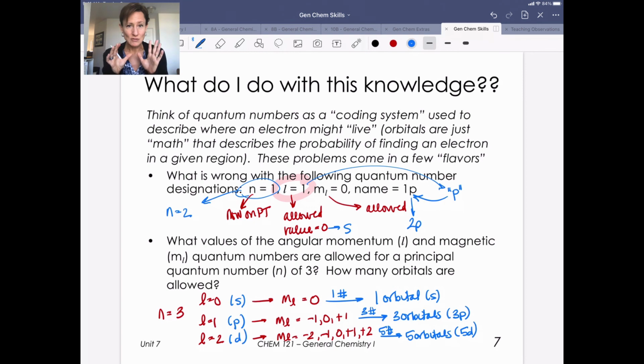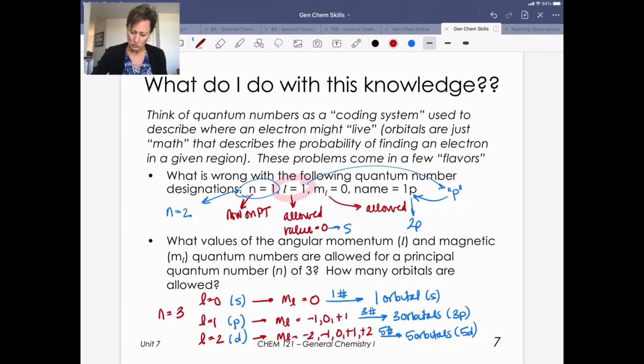Okay, I'm going to give you a preview of something we're going to see in our next learning unit. Maybe if you've taken an advanced chemistry course in high school, you've seen this already. This is new stuff, but I just want to give you a little bit of a preview here. Each orbital holds 2 electrons.